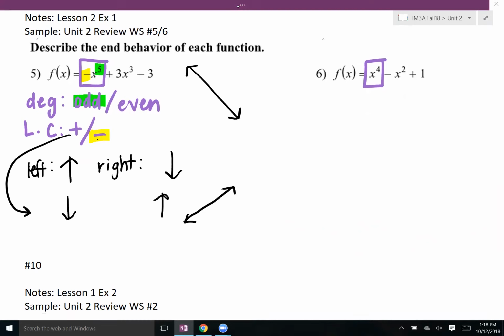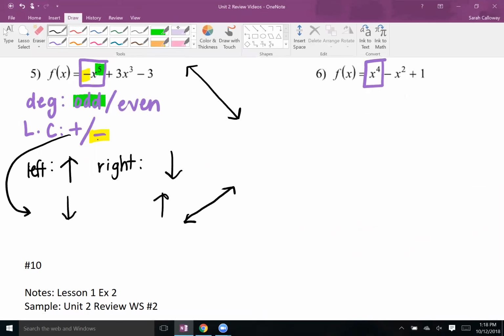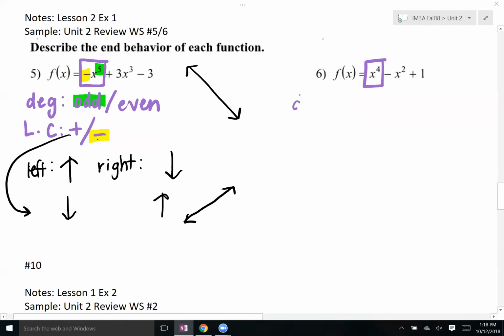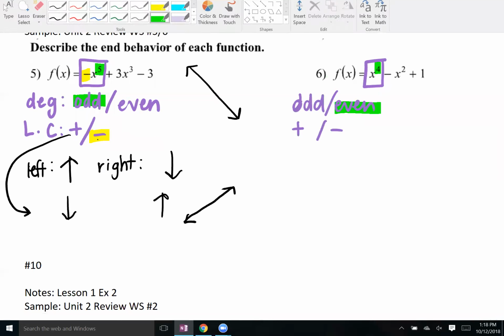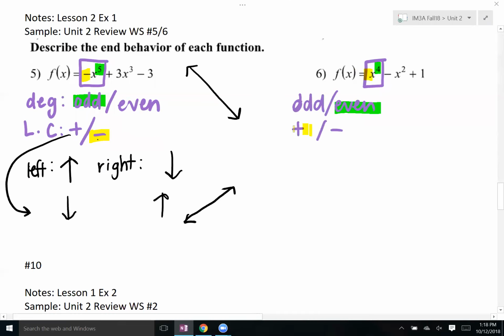When we're doing the next problem, if we think about the same things, so if we look at our odd versus even and positive versus negative, 4 is an even number and there's no negative in front, so that means that it's positive.